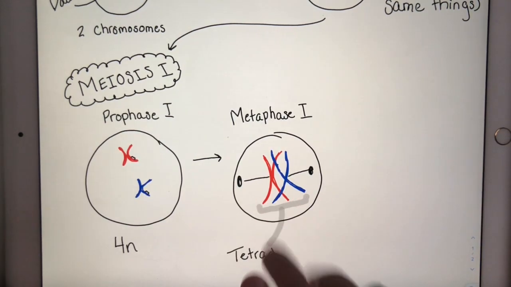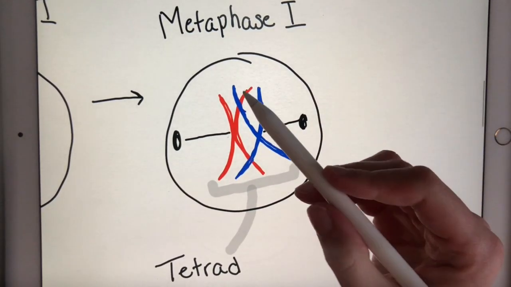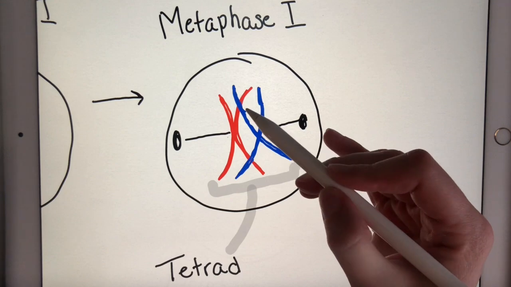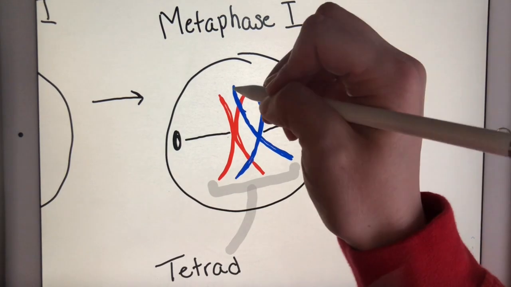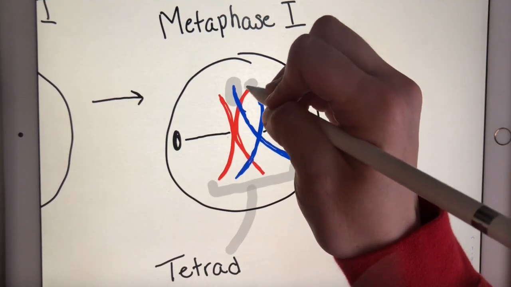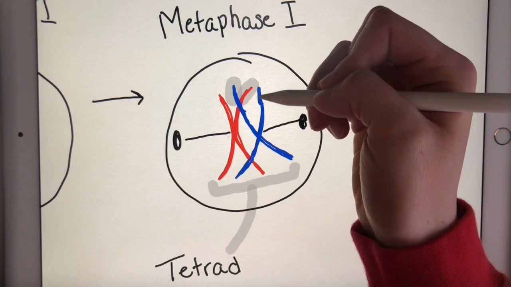You can see here that they're so close together that the homologous chromosomes start to overlap with one another.